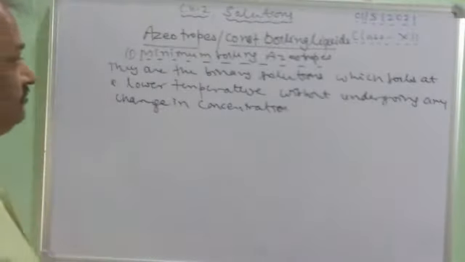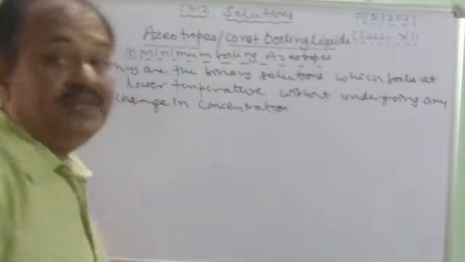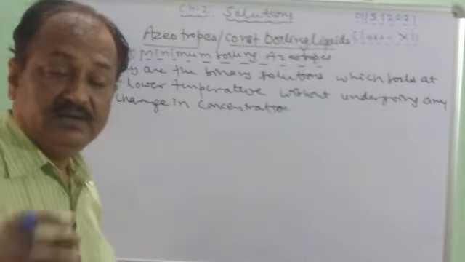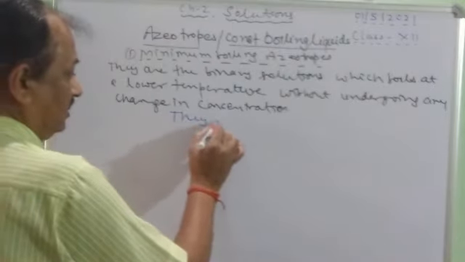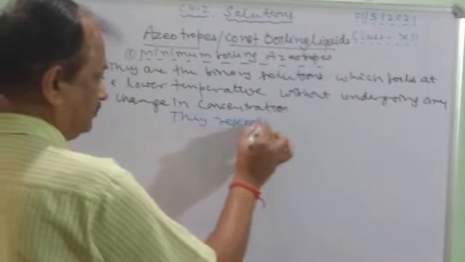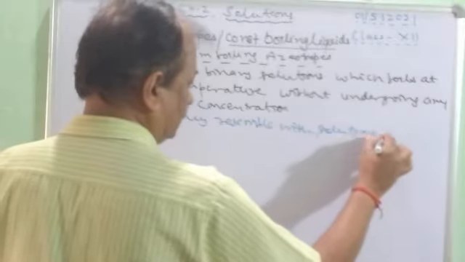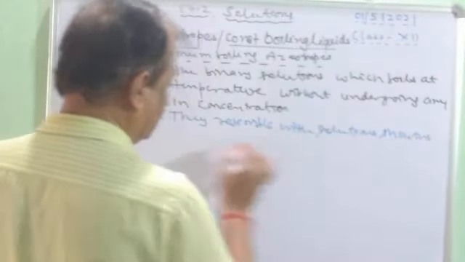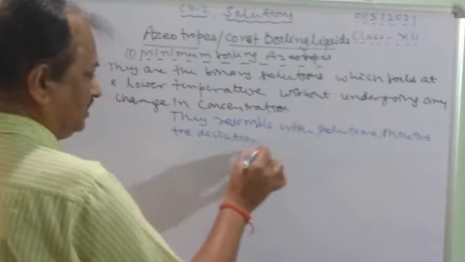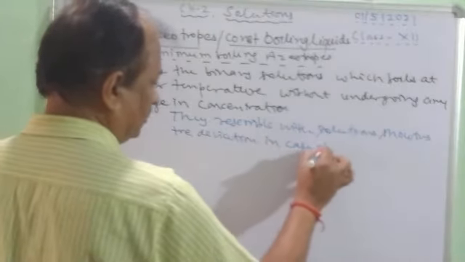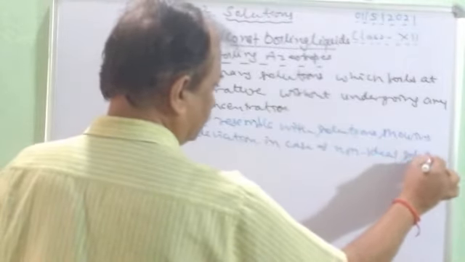The minimum boiling azeotropes, children, have a resemblance with solutions showing positive deviation, positive deviation in case of non-ideal solutions.